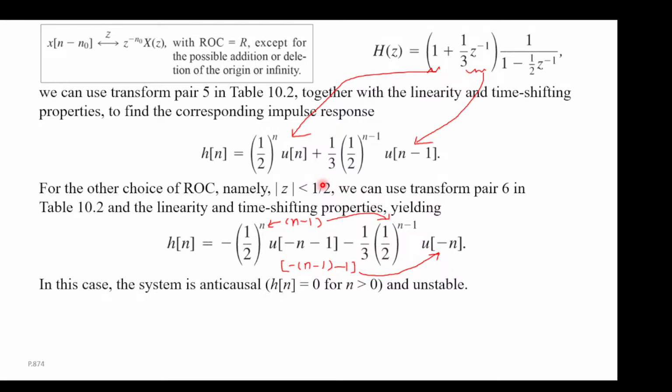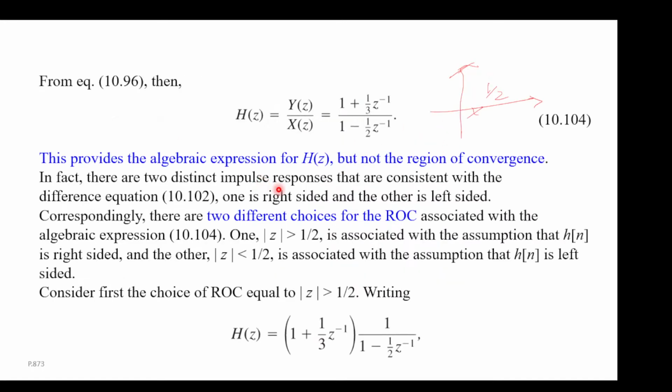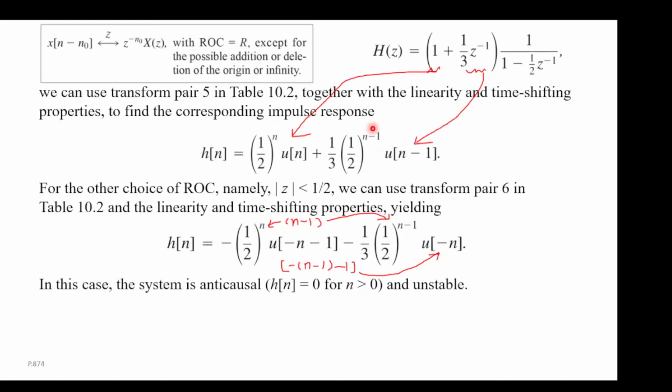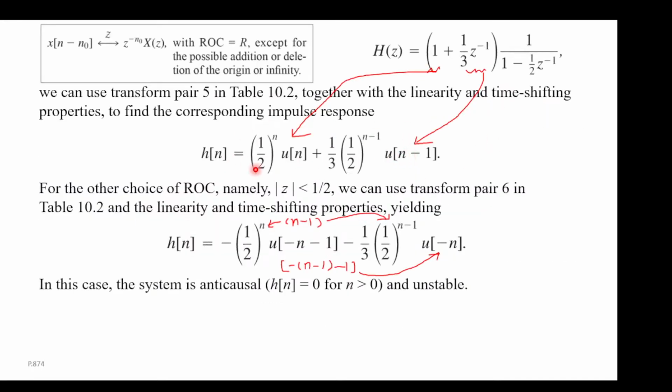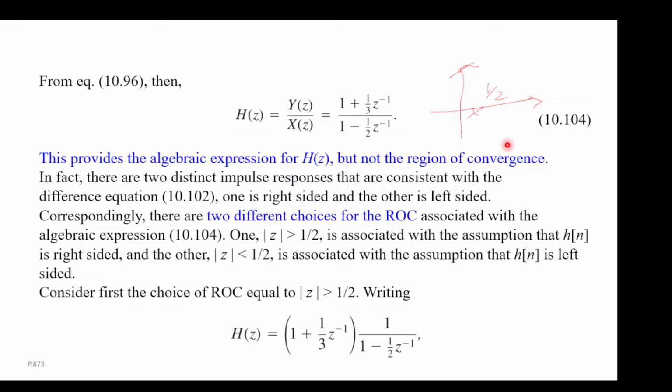So this is our response, and we see that this system is causal, as expected, because it is a right-sided ROC, and this also includes infinity. So this is causal, and it is also stable because the ROC includes the unit circle.